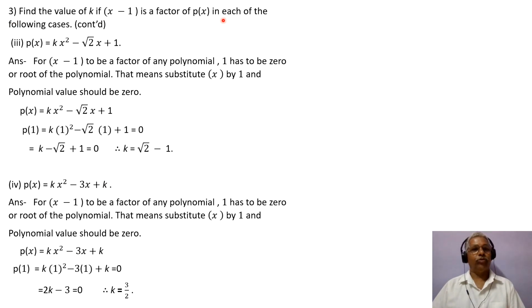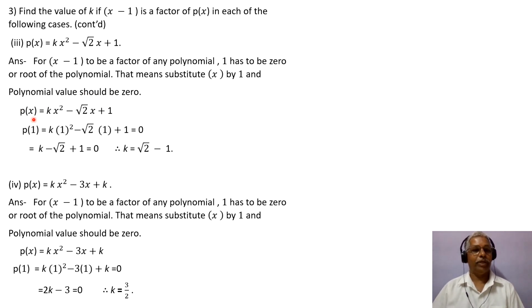So the title continued: find the value of k if x minus 1 is a factor of Px. Third one, Px is kx square minus root 2x plus 1. We know the answer: for x minus 1 to be a factor of the polynomial, 1 has to be 0 or root of the polynomial. That means x should be replaced by 1 and the polynomial value should be 0.